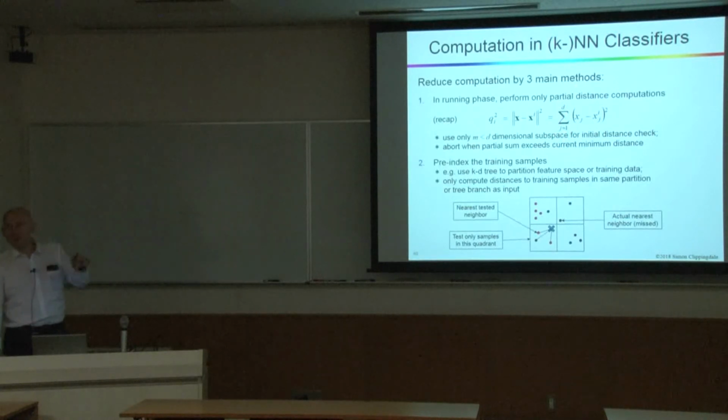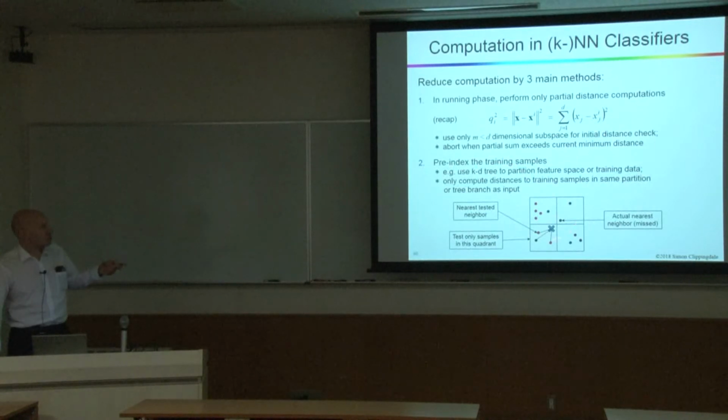For example, when we spoke about principal components analysis, you could just project onto the m largest dimensions. You could use an m-dimensional subspace, and you could abort this sum as soon as it exceeds the current minimum distance, because you know then that your input vector is not going to be the nearest to this particular training datum.